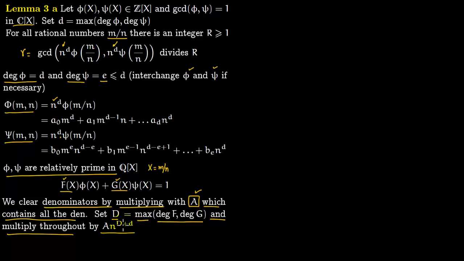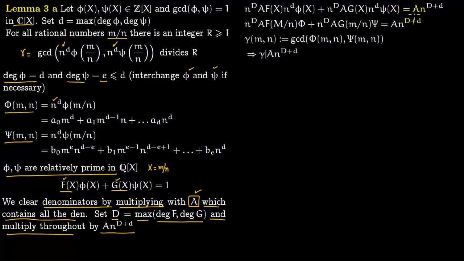So we are multiplying by a to get rid of the coefficients, n to the power of capital D to again get rid of these denominators, and then n to the power of small d to make phi and psi into capital phi and capital psi. So this we get by multiplying this by 1.